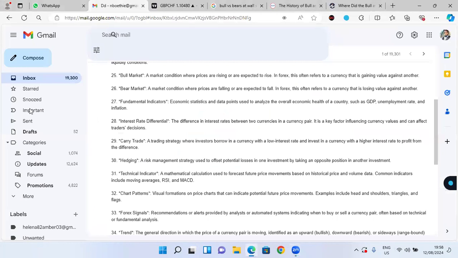A fundamental indicator is economic statistics and data points used to analyze the overall economic health of a country, such as GDP, the gross domestic product, the same thing we studied at high school, unemployment rate and inflation. We'll go deeper into this, but let me quickly give you a scenario.